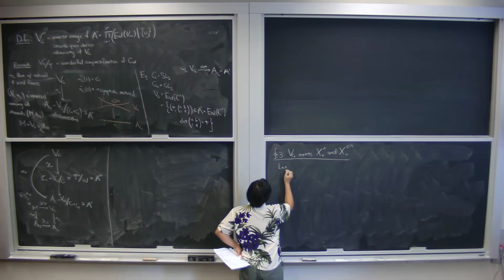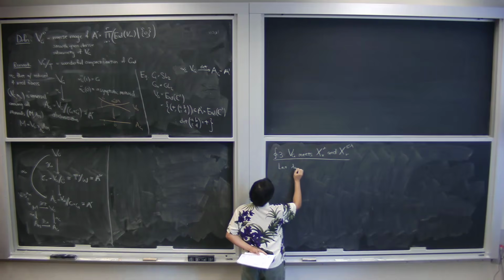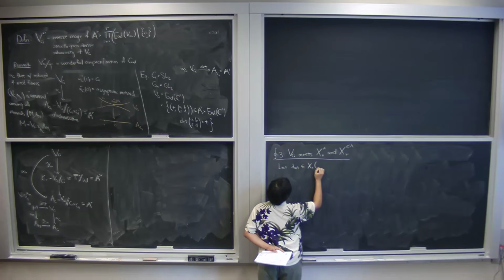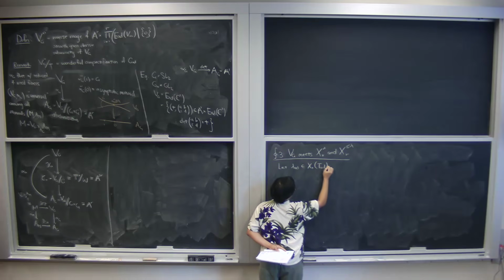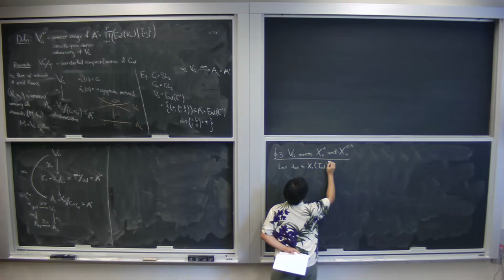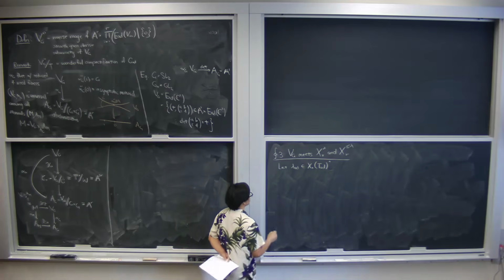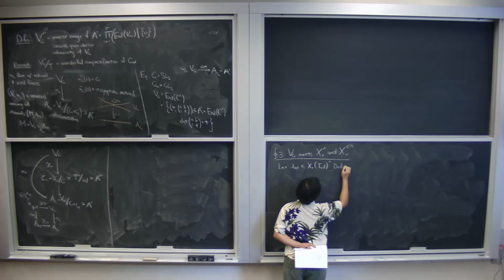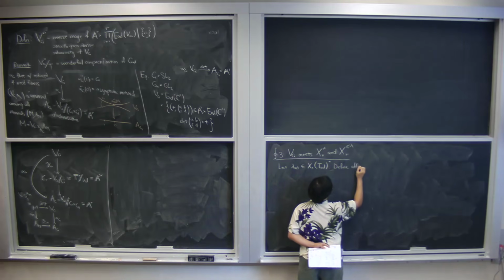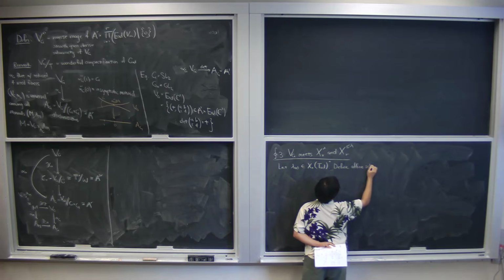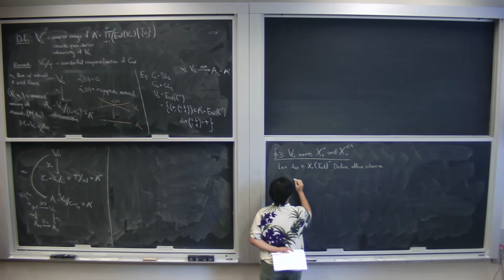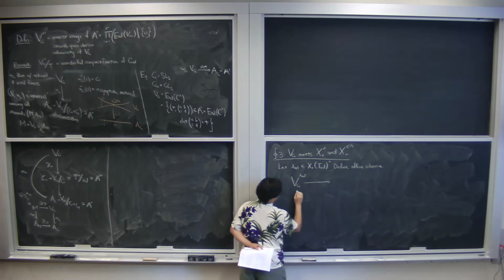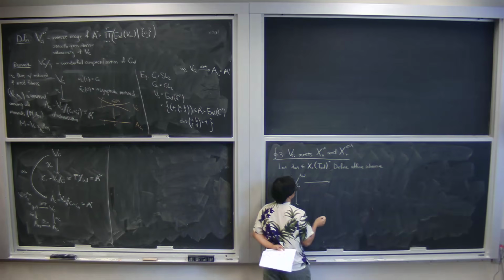So first, consider a dominant co-weight of the adjoint torus. Then one would like to define this affine scheme V lambda AD of G, given by the following Cartesian diagram.